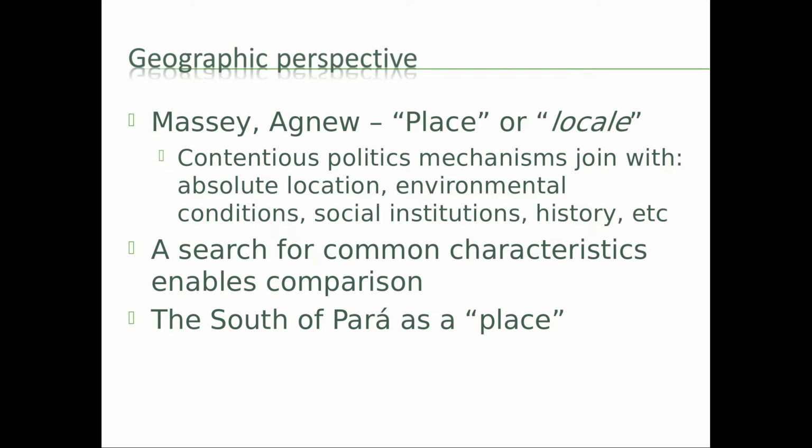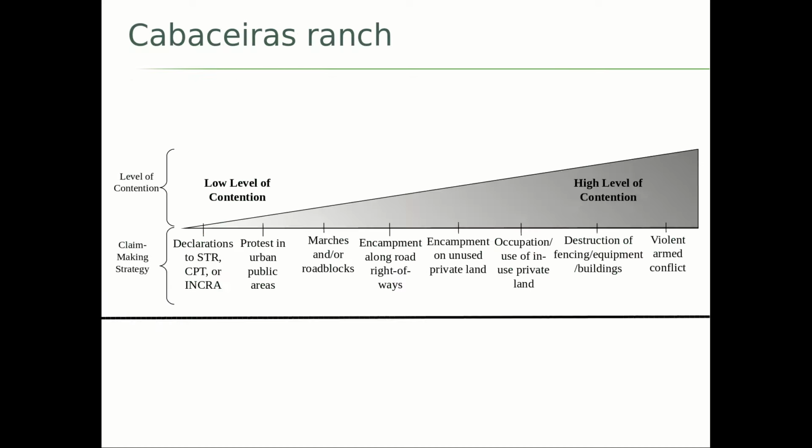Essentially, when we combine these mechanisms from contentious politics with environmental conditions, social institutions, the history, and the location of a place, we get a different outcome than we might otherwise. And I would argue that the South of Pará has this history, these social institutions and environmental conditions that constitute a pretty unique place, but one which can show us many things.